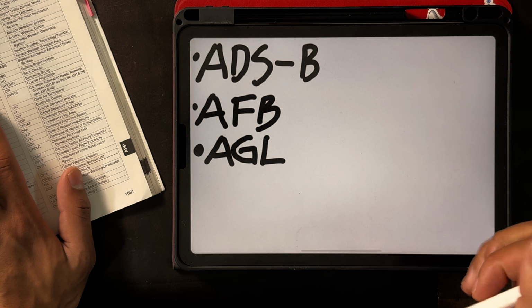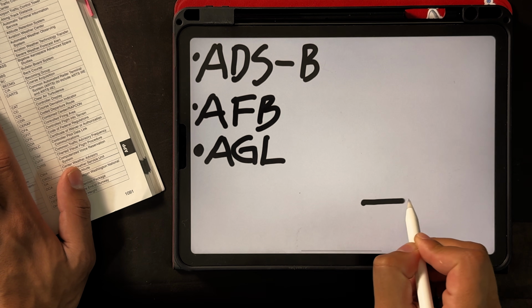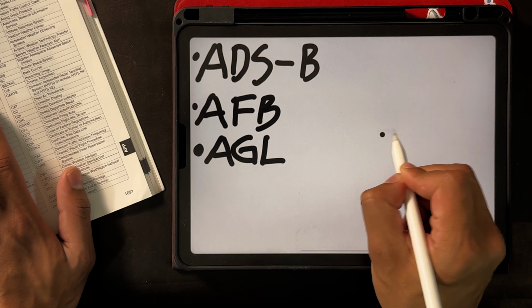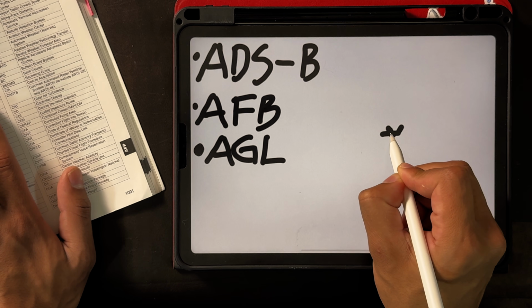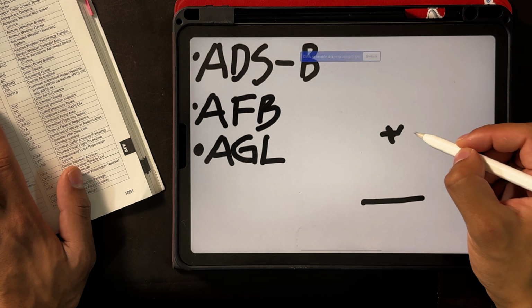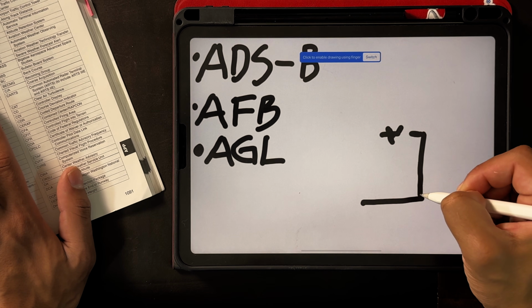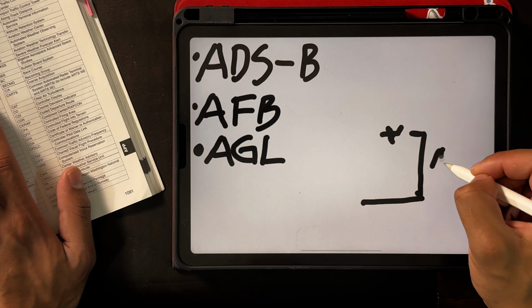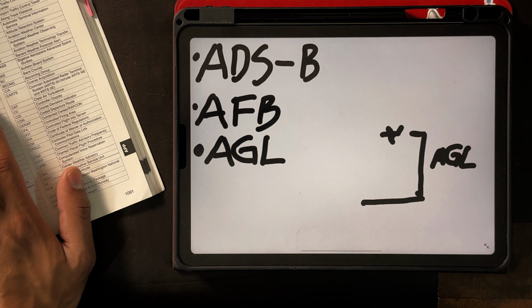But above ground level means your literal height. If this is the ground and this is you in your little airplane, the height from here to here is your height. AGL.